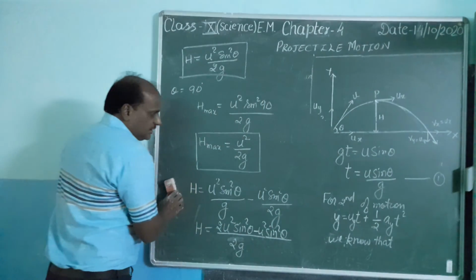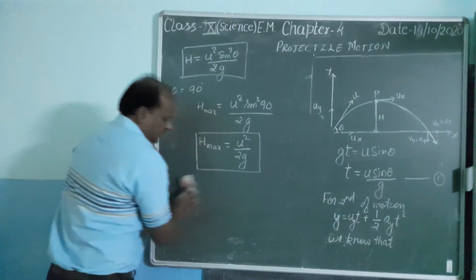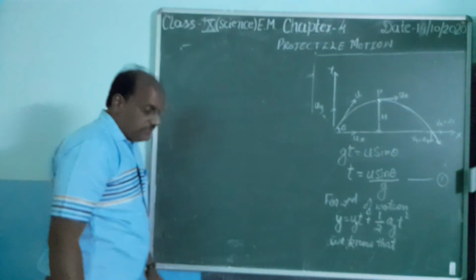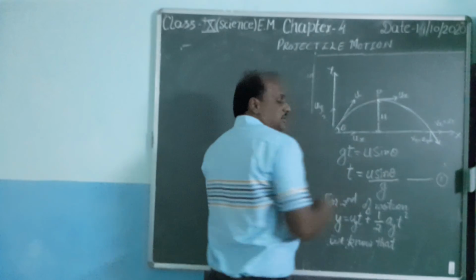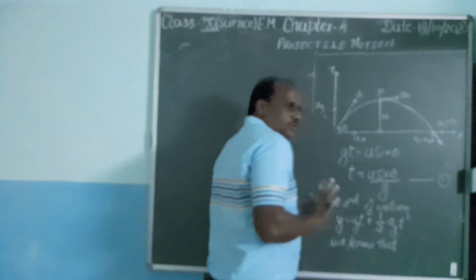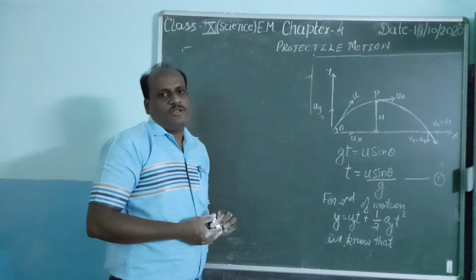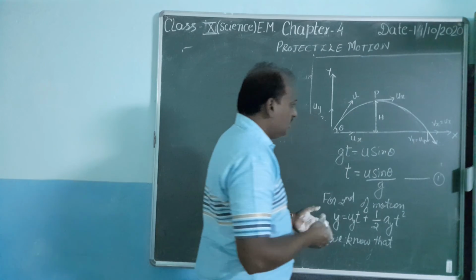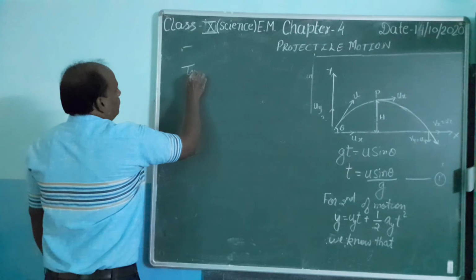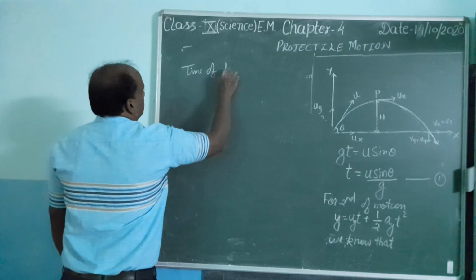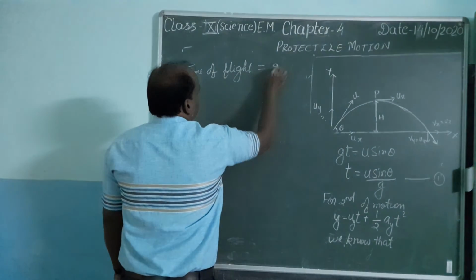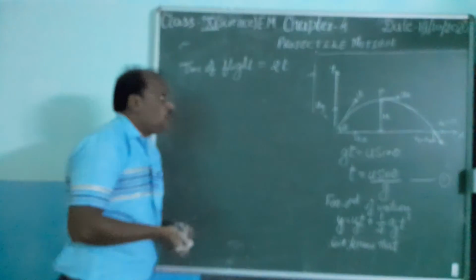Next we will find the formula for time of flight. What is time of flight? The time taken by an object to reach the maximum height and from there to the ground is called time of flight. We have to find the formula for time of flight. So time of flight is equal to 2t. What is small t?